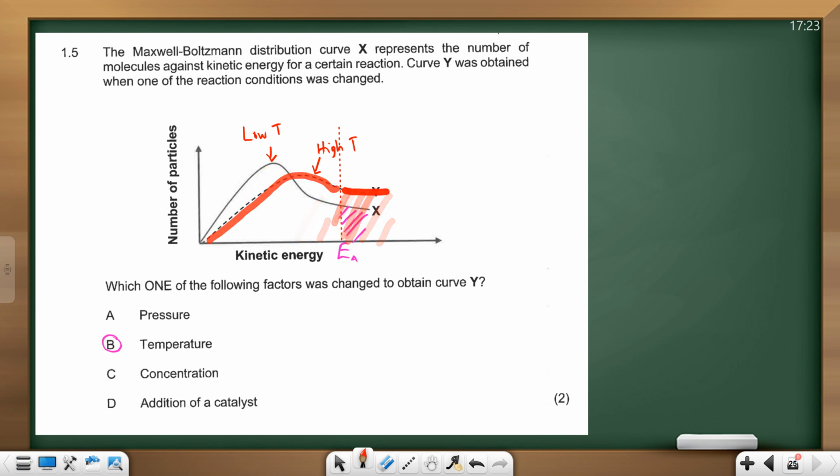So this is the graph of temperature, and it's called the Maxwell-Boltzmann. Yes, your question? So the number of particles having low energy have decreased. The ones having high energy have increased. They now have high energy above the activation what? Energy.